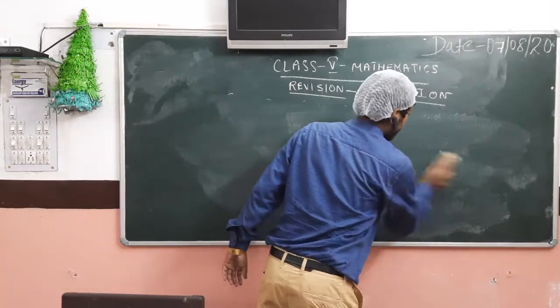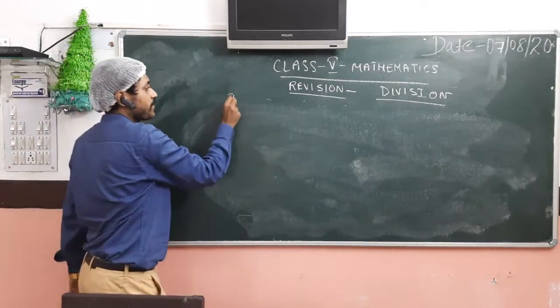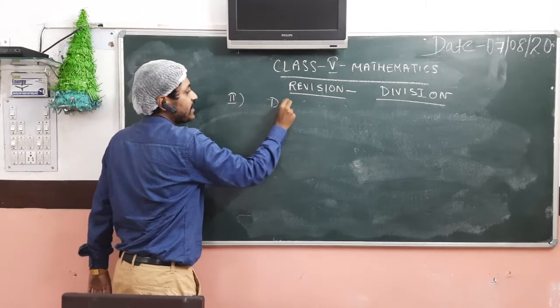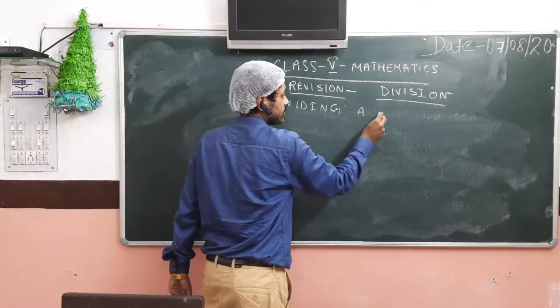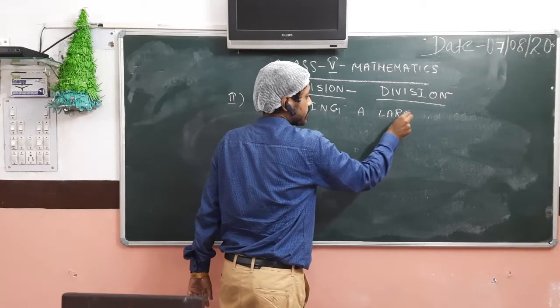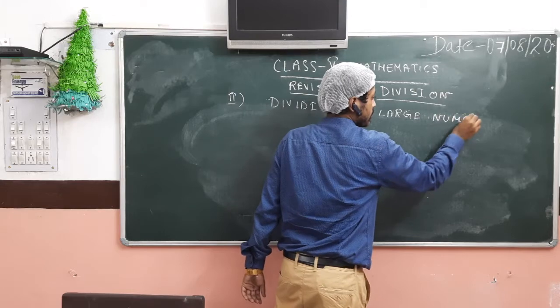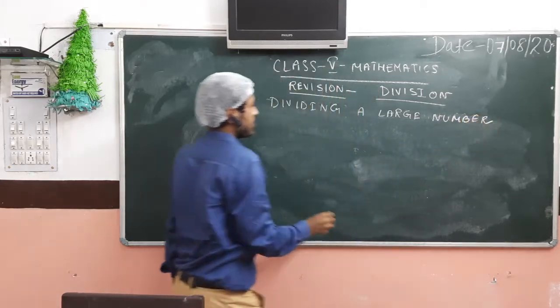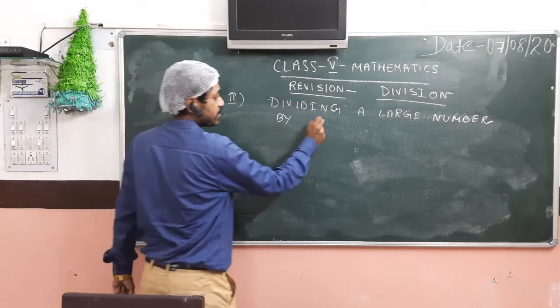Now the second topic for our revision will be dividing a large number by a 3-digit number.